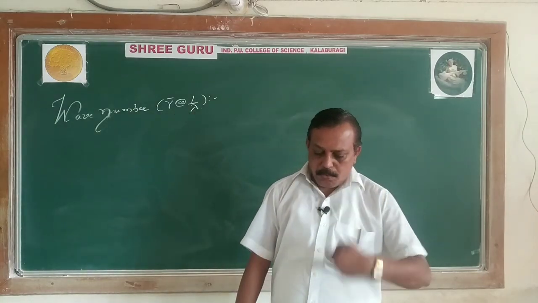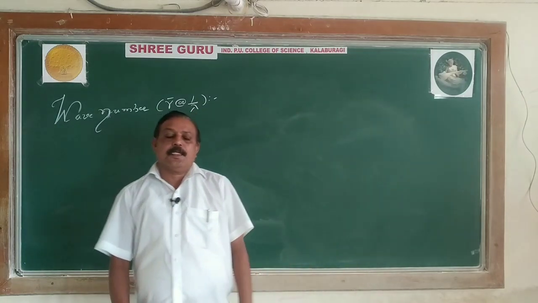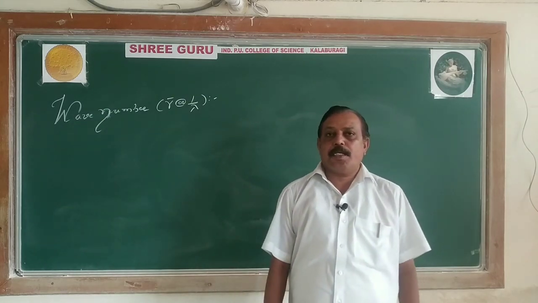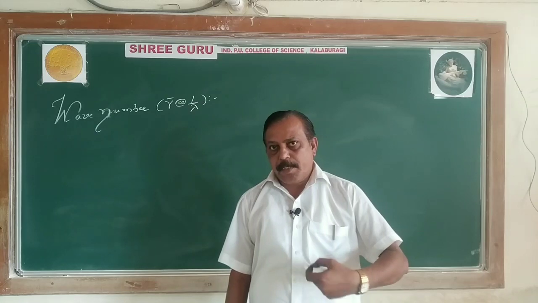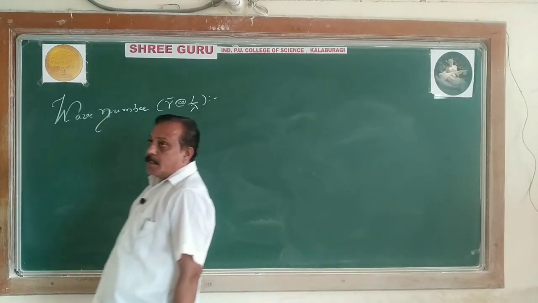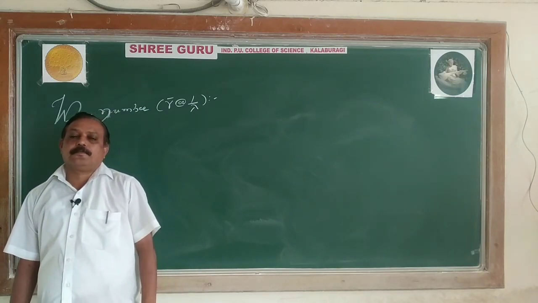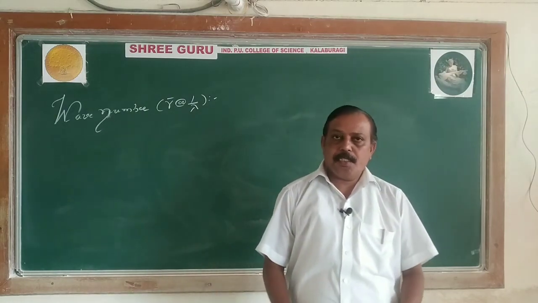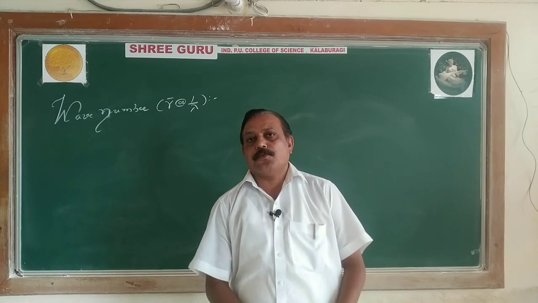According to Bohr in his postulates, the electrons are revolving in a permitted non-radiating orbit. When the electron jumps from any higher orbit to the lower orbit, then only the energy is emitted. When the energy is emitted, that energy emitted is in the form of radiation. That radiation is in the form of what energy? That is E equals to h nu.